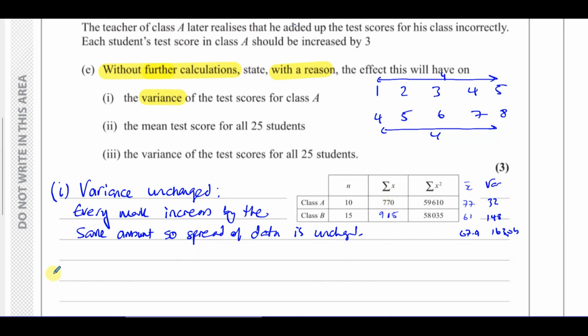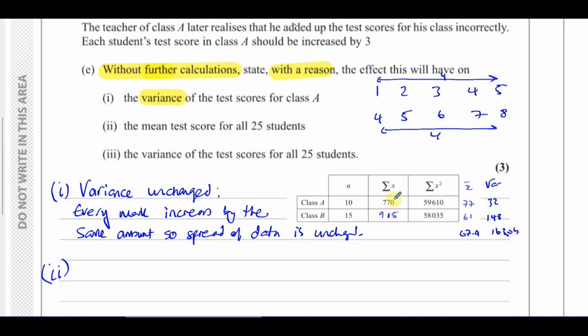All right, now number 2, the mean test scores for all 25 students. Now remember, the mean is the sum of all the entries of the 2 classes, the mean for all 25 students divided by 25, right? So if you increase the test scores of the boys in Class A, then this is going to increase.